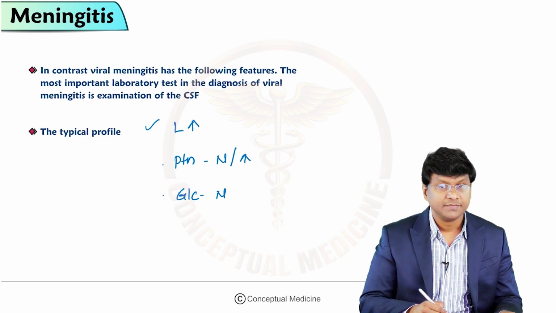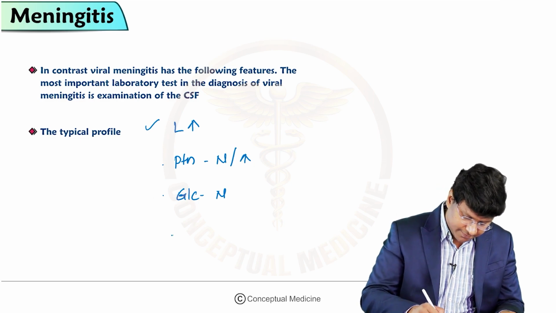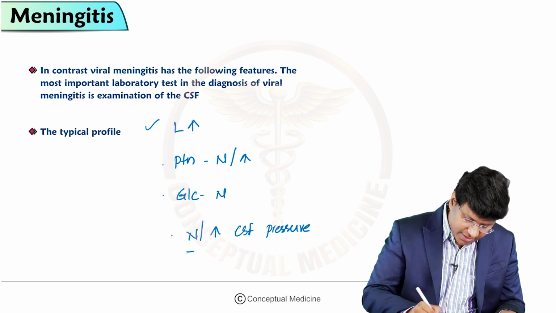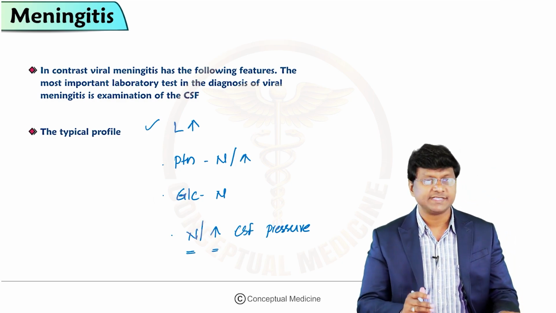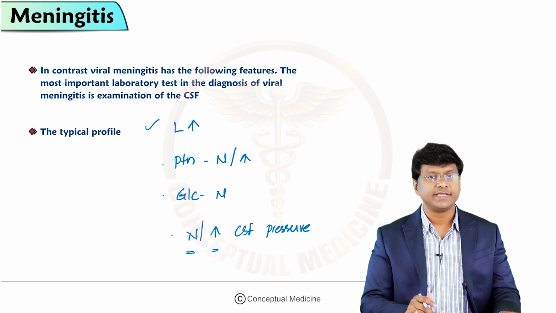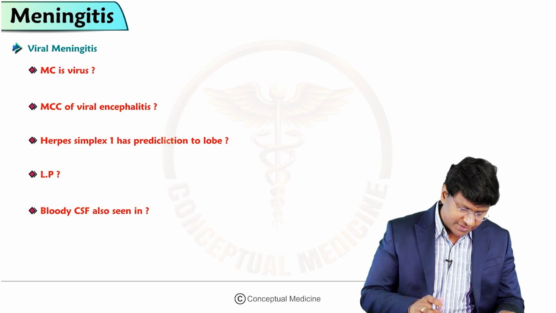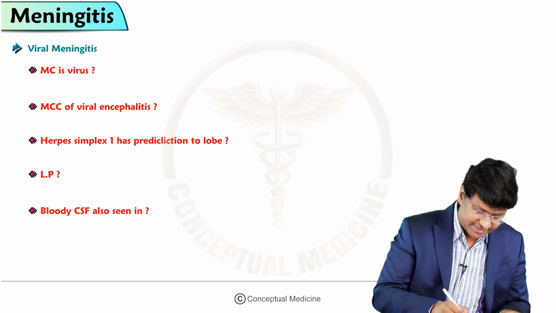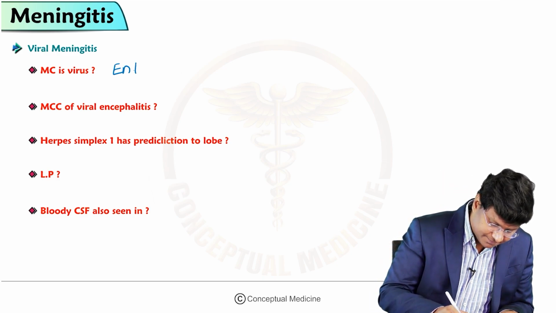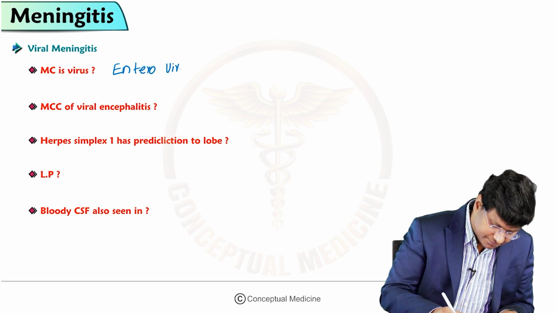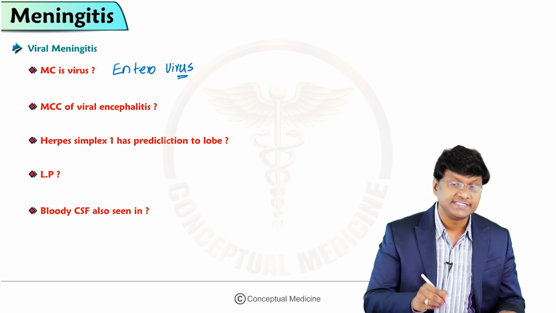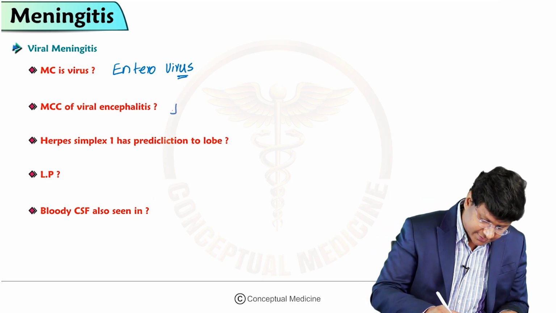The glucose will be normal, and there will be normal or mildly elevated CSF pressure. That is what you will observe in viral meningitis. The most common virus causing viral meningitis is the enterovirus. And what is the most common cause of viral encephalitis? That is Japanese encephalitis in India.